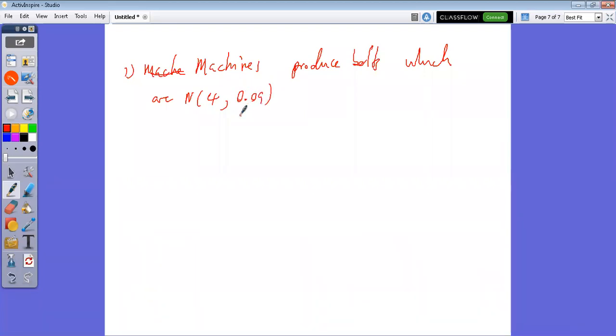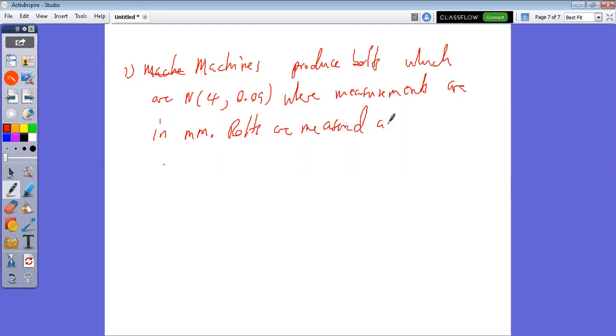So this means this is your variance, where measurements are in millimeters. Both are measured accurately.